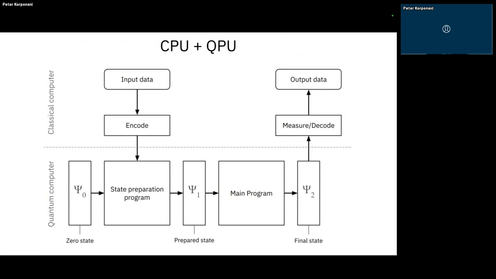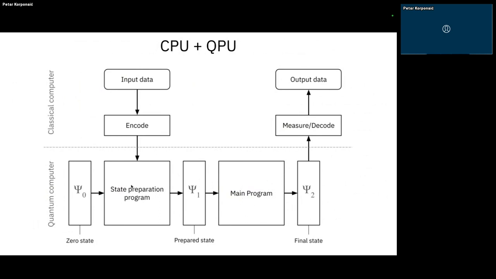So if you have a long program, or deep, as we say in quantum computing, the deeper the program, the more noise multiplies, and simply you read random results at the output. So it's a challenge to make as short as possible program which will encode your data, or also main program.